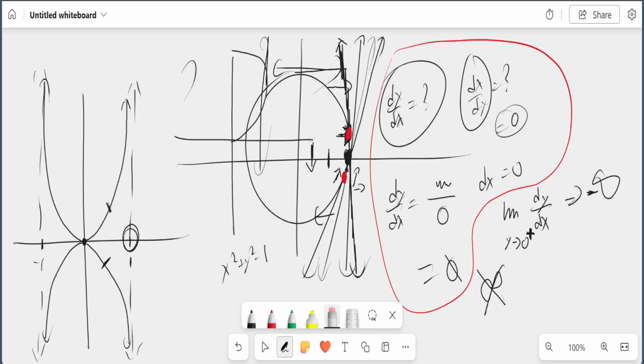Another way to think about it is that you're approaching from two opposite sides, one above versus one below. That means the limits of both would be negative infinity or infinity, so dy/dx would be undefined because they're not the same.